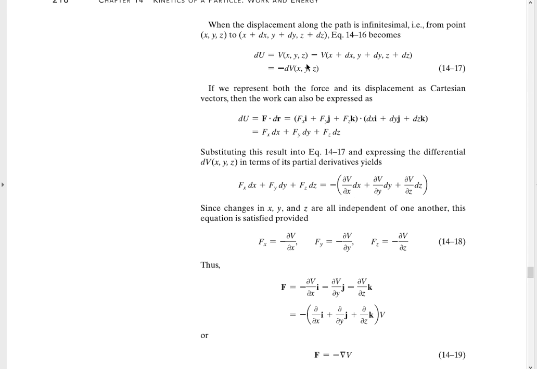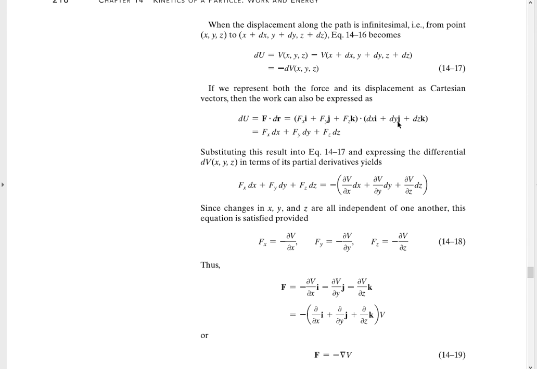Now some developments here. If we look at the infinitesimal work and the infinitesimal change in the potential function, using x, y, and z Cartesian coordinates, we get the small infinitesimal change of work as the infinitesimal change of the potential function, and then making explicit what the work is, force times small displacement dr. This is the dot product between two vectors.